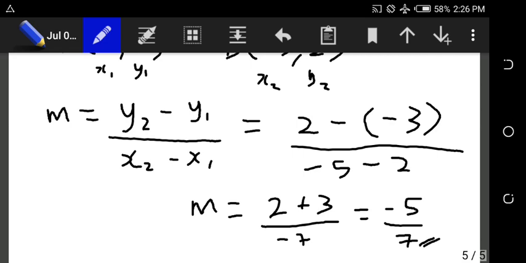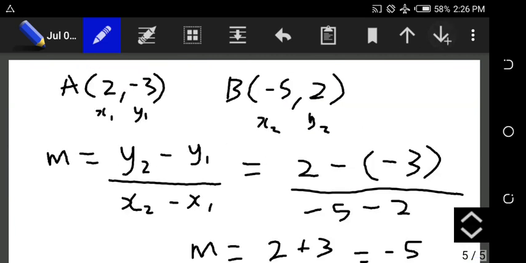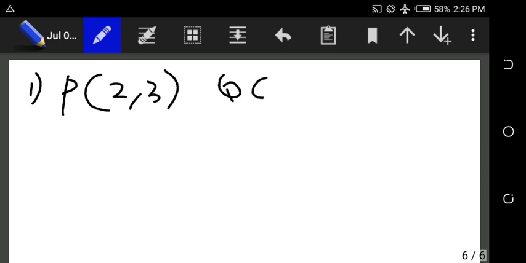All right. So it boils down to knowing the formula, which is this, and also how to apply it. In the next video, we'll be looking at how to interpret the gradient. But for now, try out the following practice questions. Find the gradient between these points. Number 1, we have point P giving us 2, 3, and point Q giving us 1, 5.